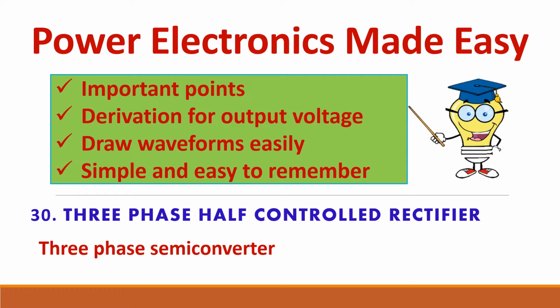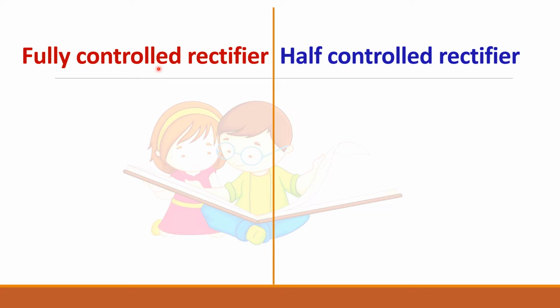Let us see about the three-phase half-control rectifier or semi-converter. First, we will see the difference between a fully controlled rectifier and a half-control rectifier. The fully controlled rectifier we have seen in the last video.